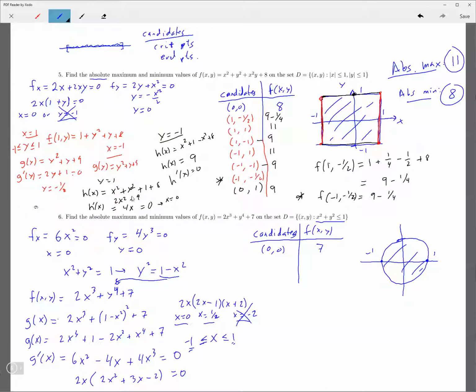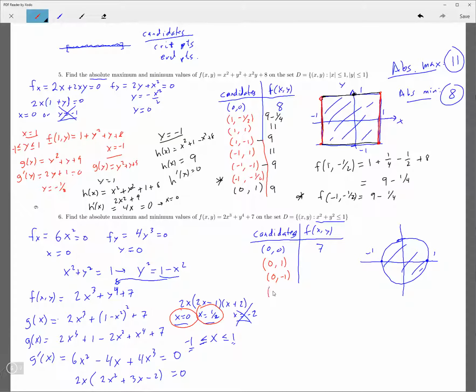Okay, so let's put these guys up there, that one and that one. When x is 0, what does y have to be? y could be either 1 or -1, but it doesn't really matter which one it is, because it's going to be raised to the fourth anyway.